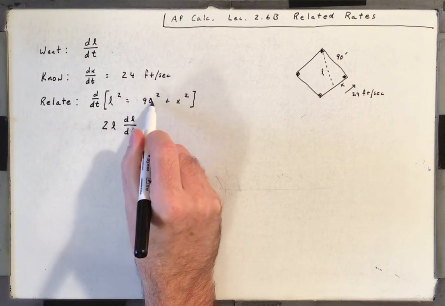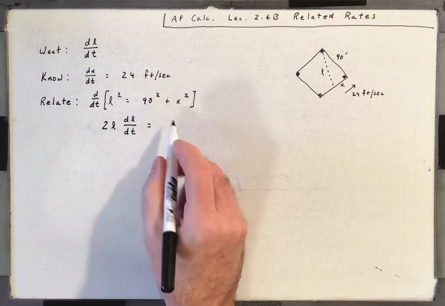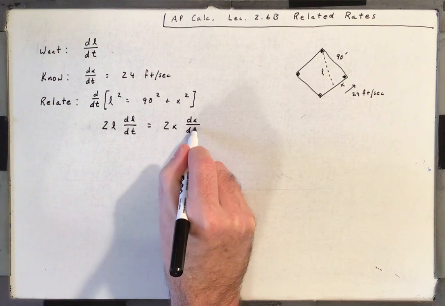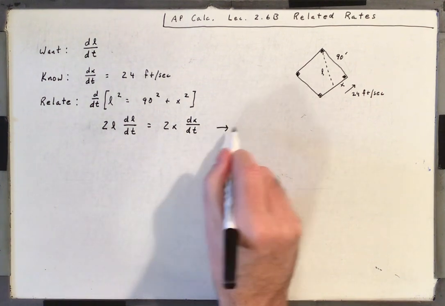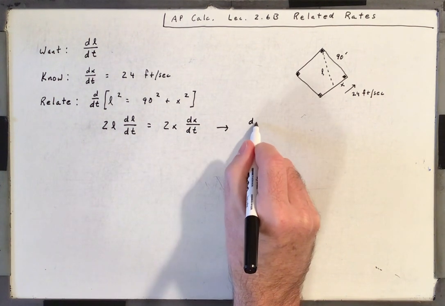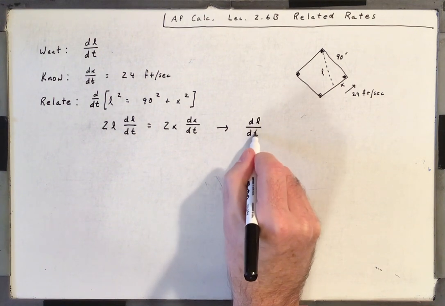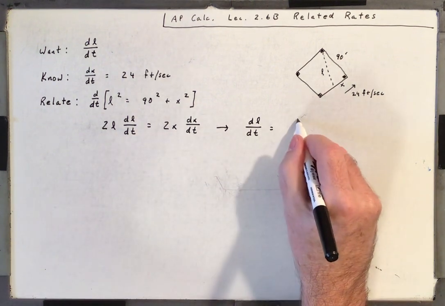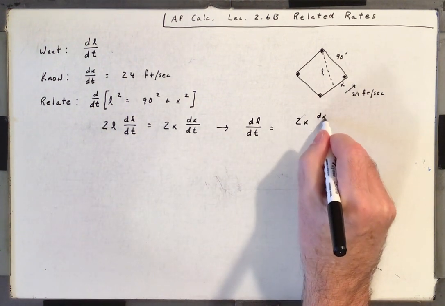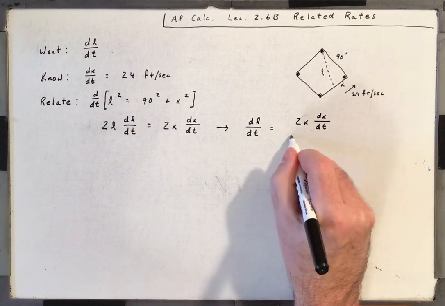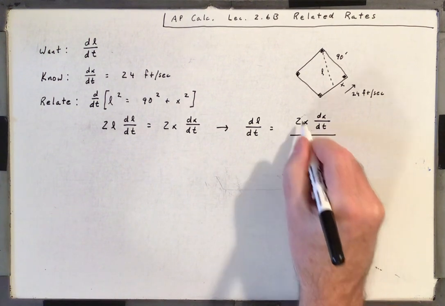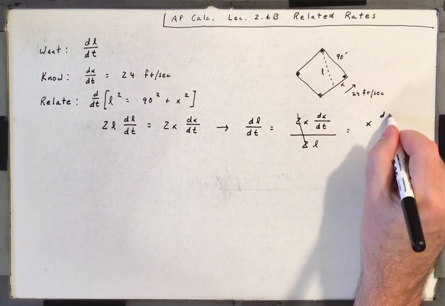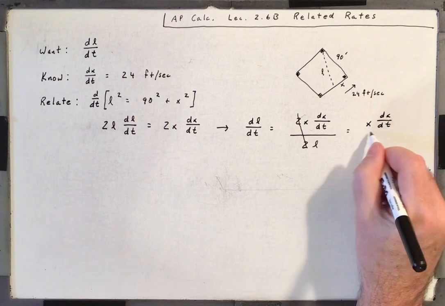The derivative of 90 squared would just be 0, that's a constant, is equal to 2x dx/dt. So solving for dL/dt, I'm going to bring that 2L underneath. So it would be 2x dx/dt over 2L. The 2's will cancel. So you have x dx/dt over L.